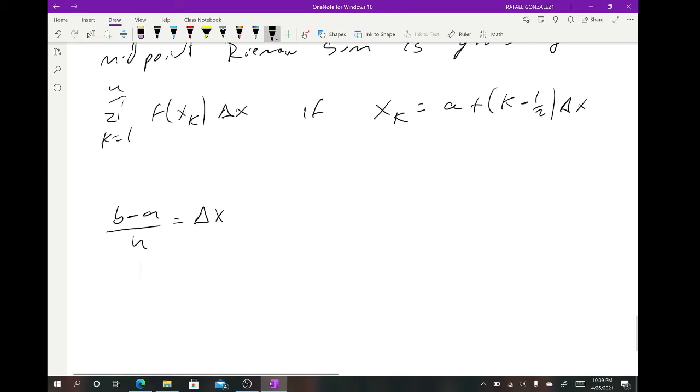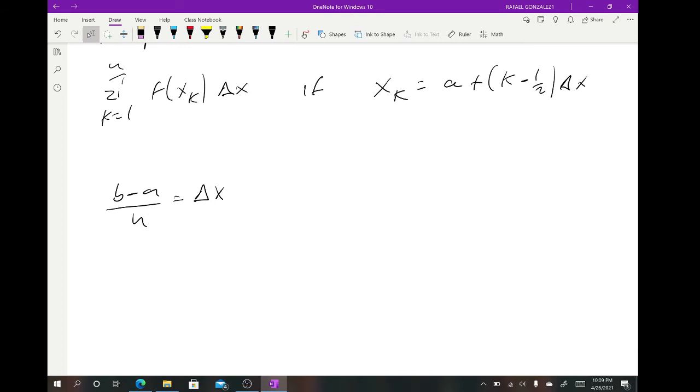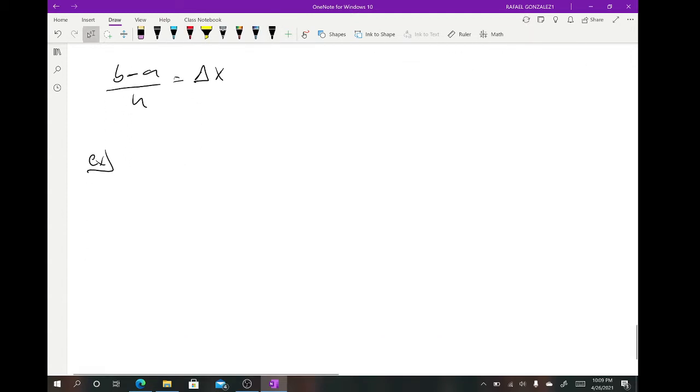Okay, so let's do a right Riemann sum for the following example.